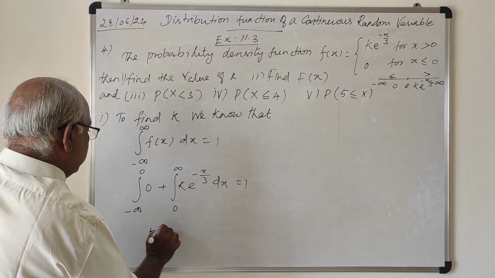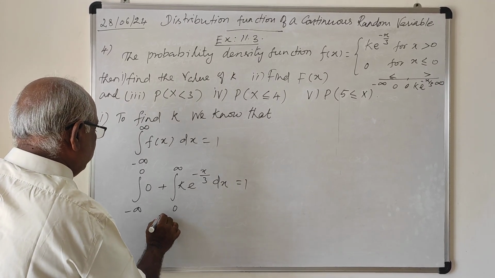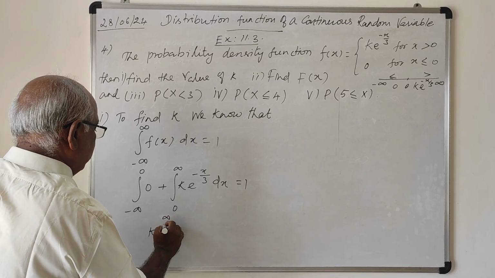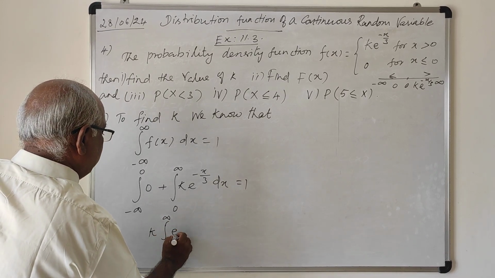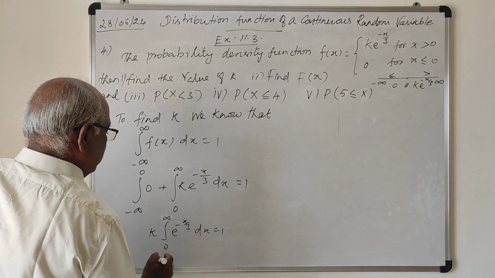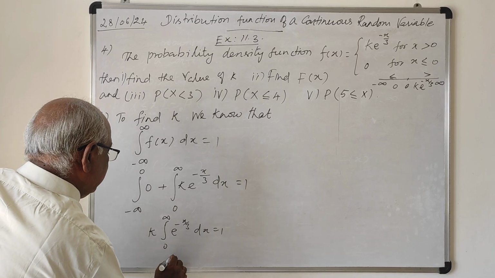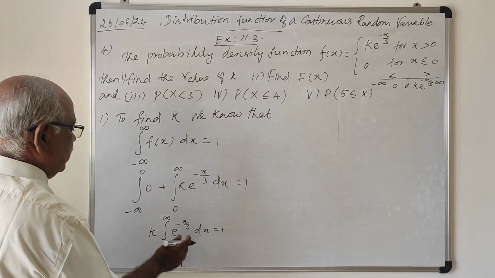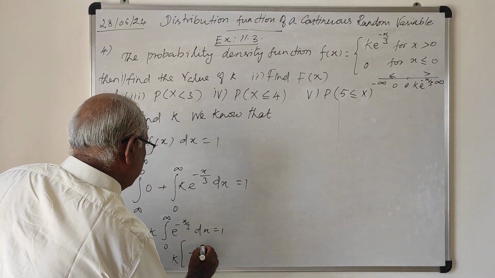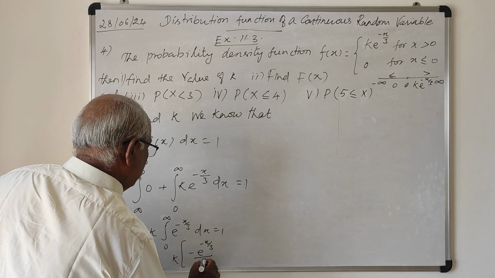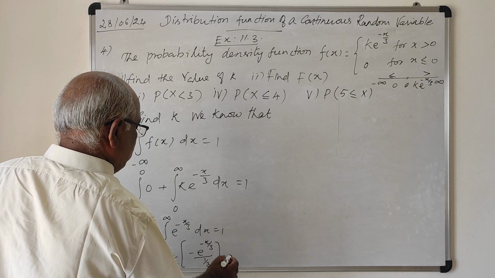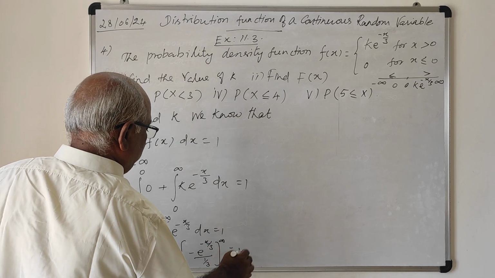You can take k outside: k times the integral from 0 to infinity of e power minus x by 3 dx equals 1. The integral value of e power minus x by 3 is minus e power minus x by 3 divided by 1 by 3, evaluated from 0 to infinity, and it equals 1.